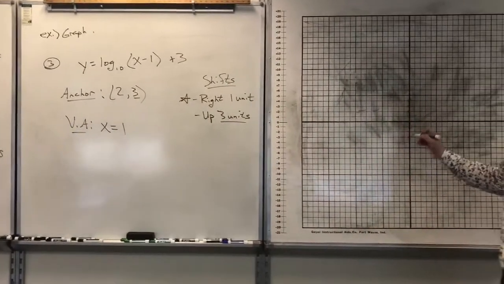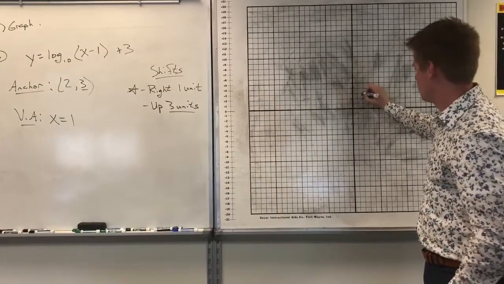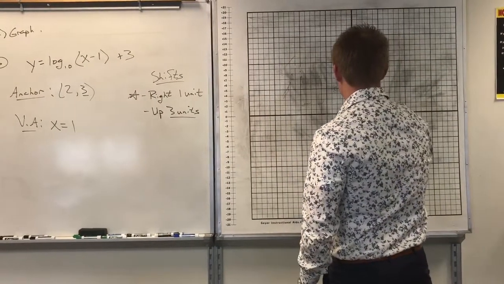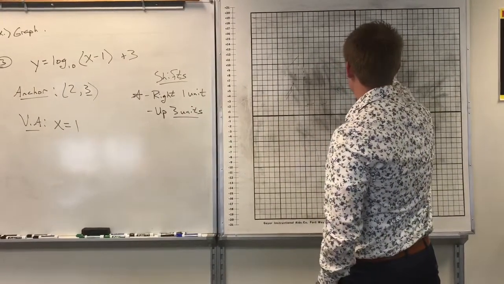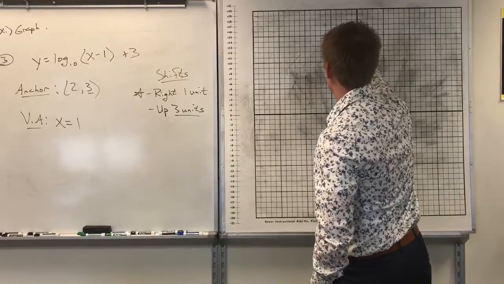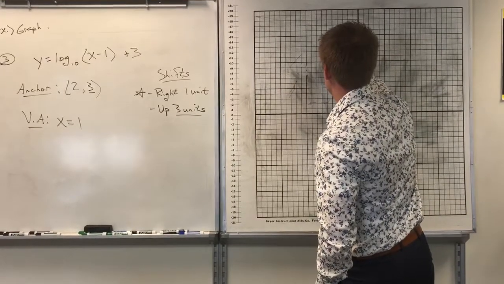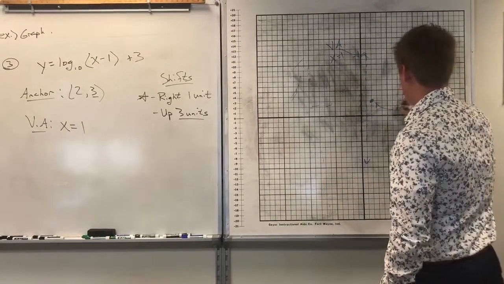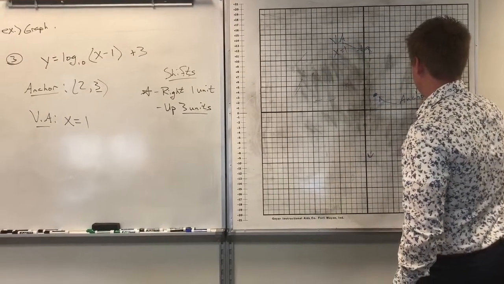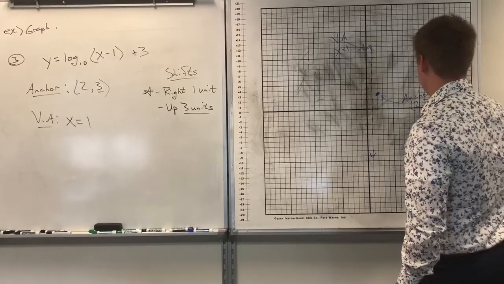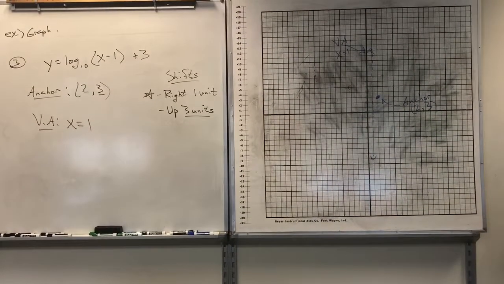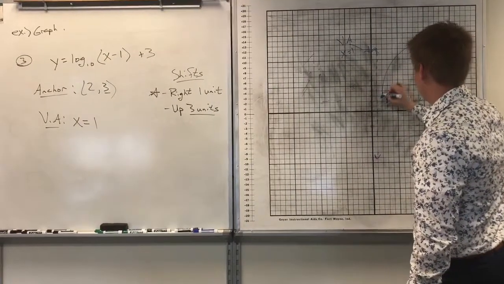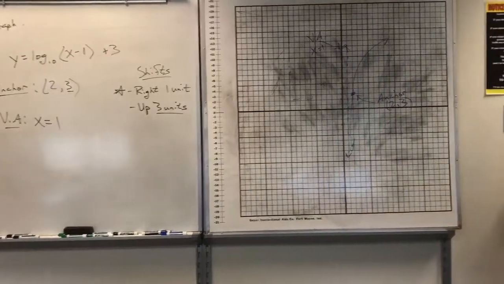So 2, 3 is our initial point, with the vertical asymptote always being 1 unit left of that. Okay, so in that case, there we go. There's the vertical asymptote at x equals 1. Our anchor at 2, 3. And once again, keeping with the general shape of our parent function.